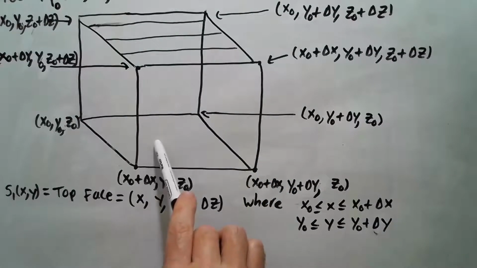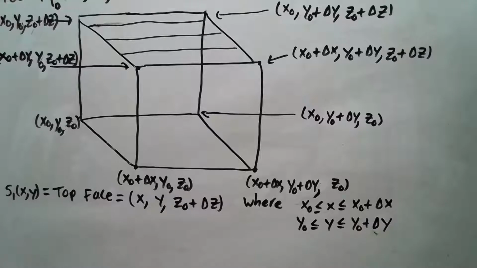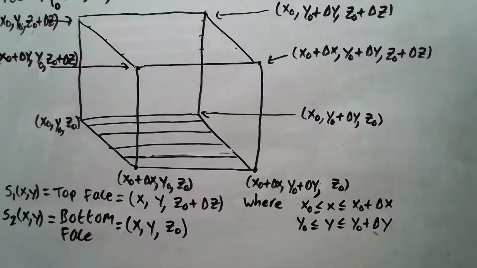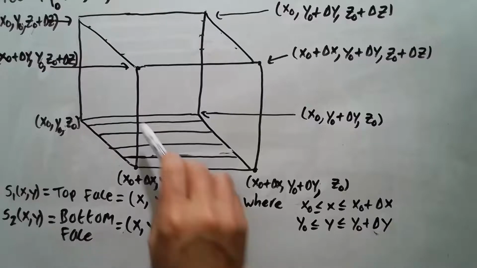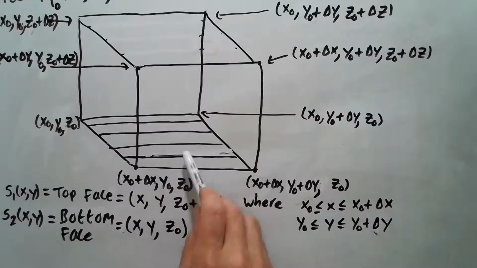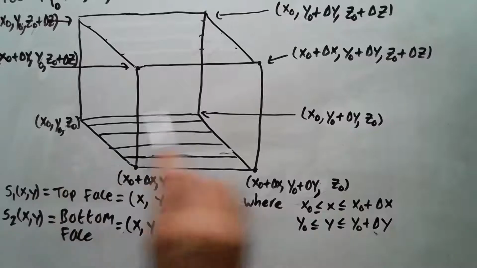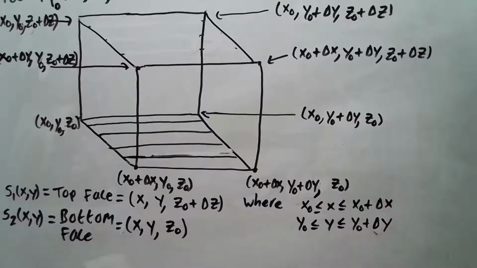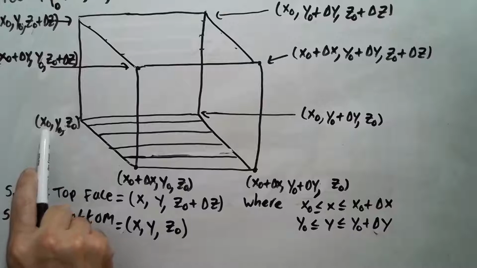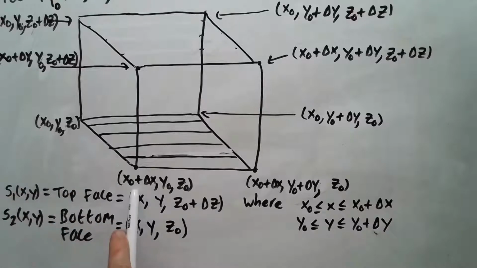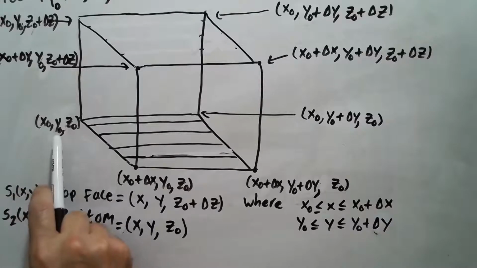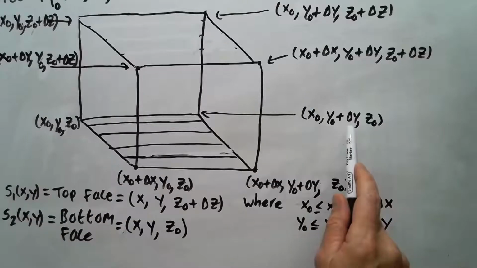Let's do the bottom face next. Okay, so let S2 of x, y be the bottom face, which I have here, so bottom down here. So note on the bottom face, the z is constant at z0. And the x can range from x0 to x0 plus delta x, and the y can range from y0 to y0 plus delta y.